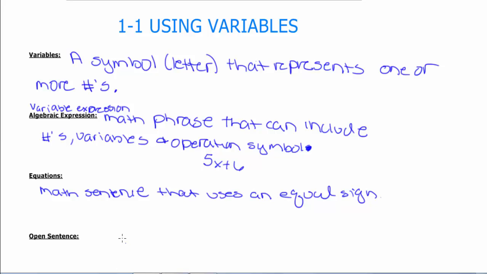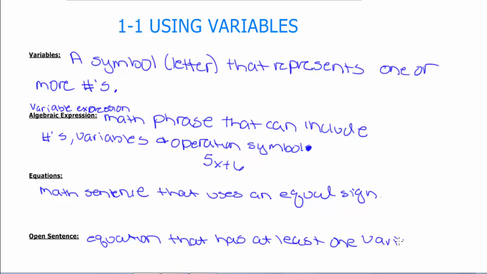An open sentence is an equation with at least one variable. Equation that has at least one variable. So it has to have an equal sign and a variable.